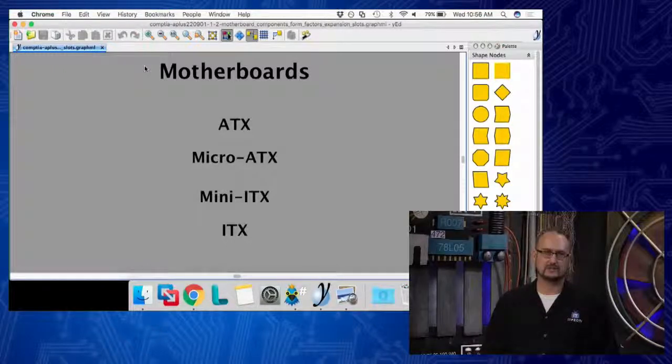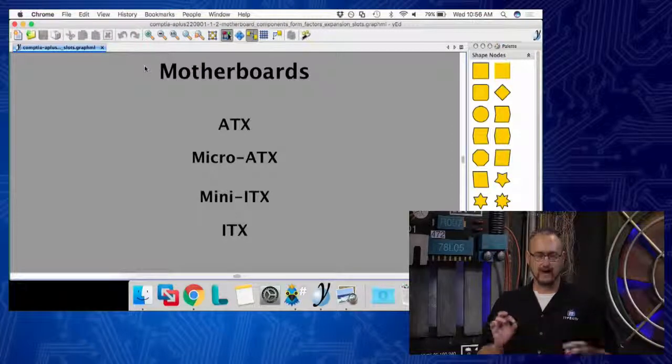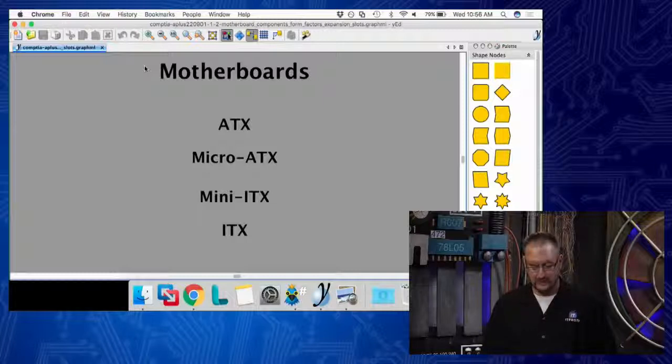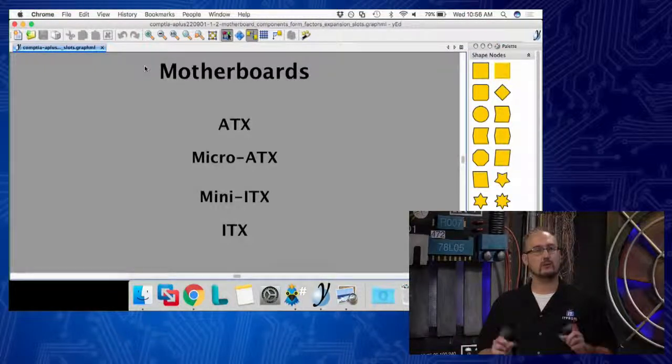Well, the mini ITX board came out in 2001. And that's the one that we have over here that I kind of confused with the micro ATX. The mini ITX is 6.7 inches by 6.7 inches. The original design used a passive cooling system, which means they were completely fanless. And why is that?